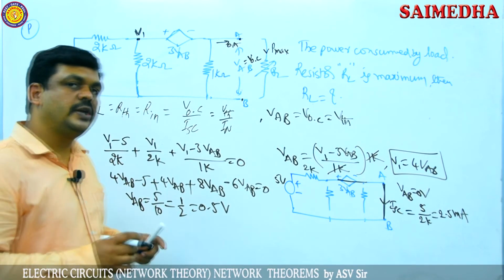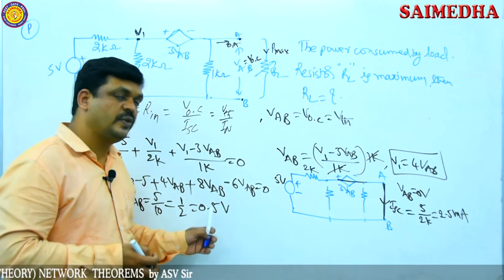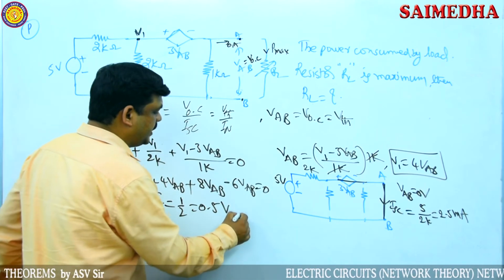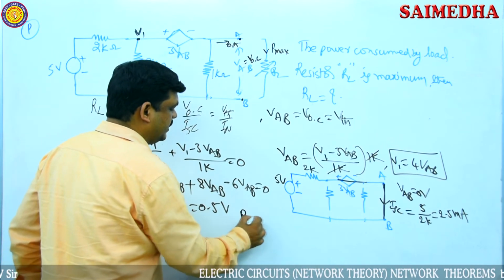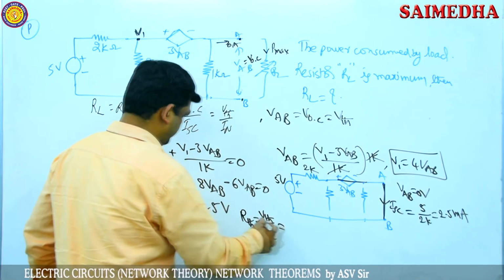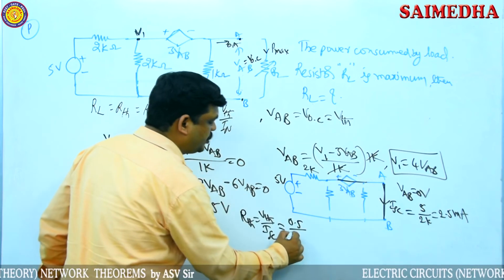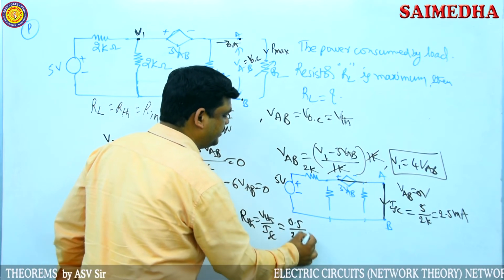Short circuit current or Norton's current is 2.5 milliamps and Thevenin's voltage is 0.5 volts. Then the Thevenin's resistance RTH is equal to VTH by ISC. So this is 0.5 by 2.5 milliamps.